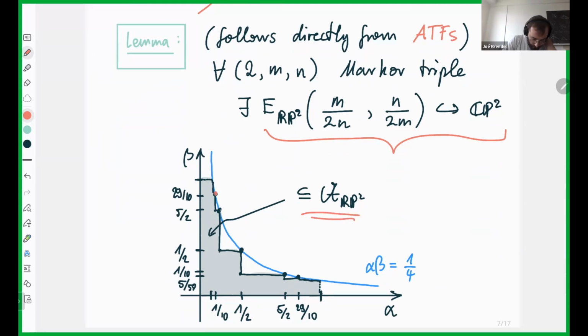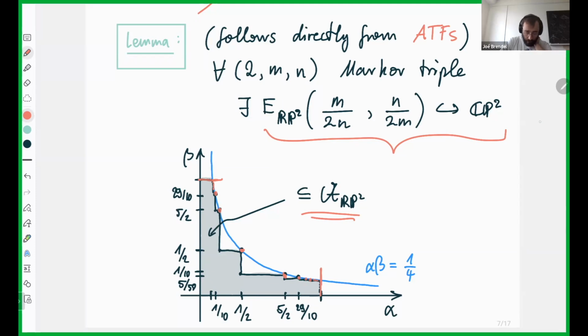And these volume-filling things correspond each to a separate almost toric base for CP2. And so it's hard to draw, but they accumulate here. So you have this infinite staircase phenomenon in both directions.